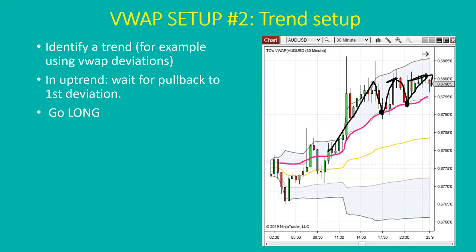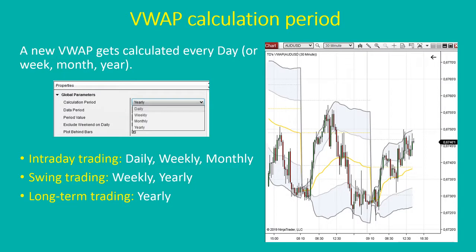It's pretty simple. Now in my trading software, there are a few types of vwap, depending on the calculation period. So you can choose whether the vwap gets calculated every day, every week, every month, or for every year. So in here, you choose the period for the vwap.